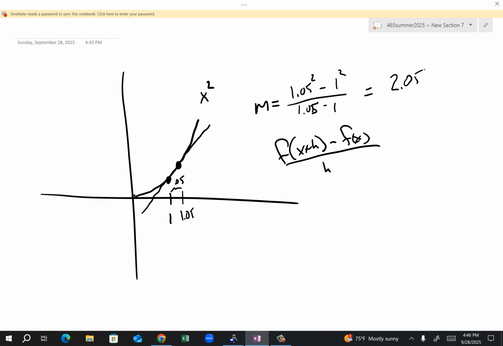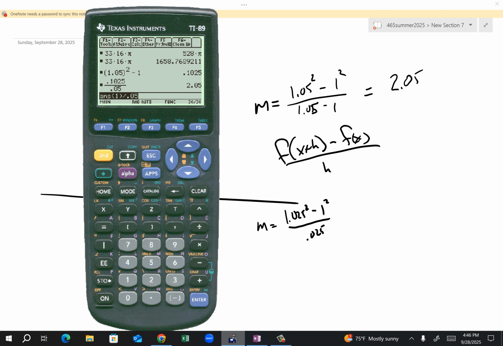And you're like, but couldn't we get a little closer, couldn't we make our h a little smaller? You're right, we could. What if we do 1.025? 1.025 squared minus 1 squared over 0.025. It's a great question on your part.